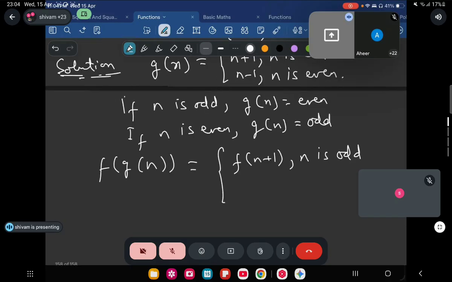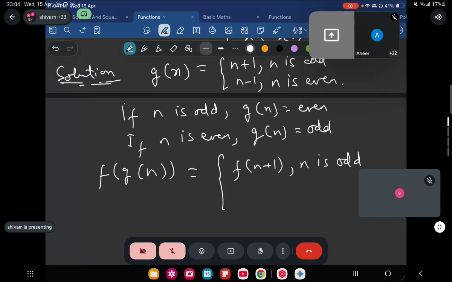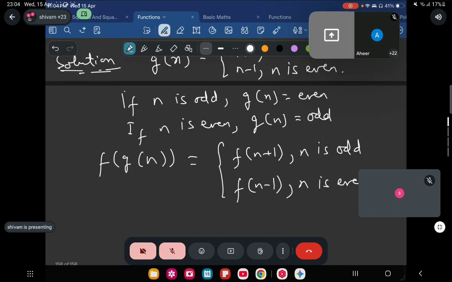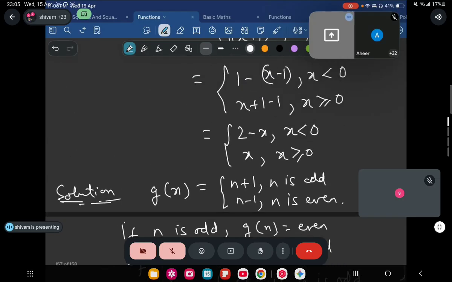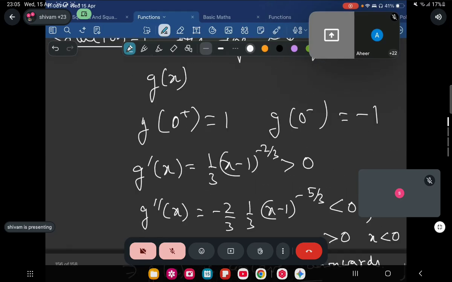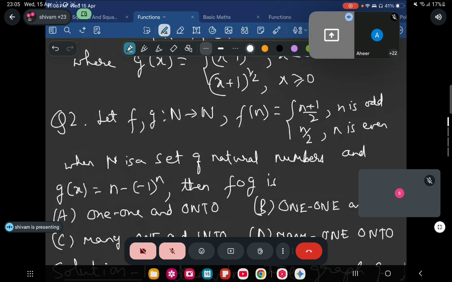And it will be equal to f of n minus 1 when n is even. Right? Tell me everyone. Are you people getting? It will be equal to f of n plus 1 when n is odd. So if n is odd, everyone, what have we got? What is the function?